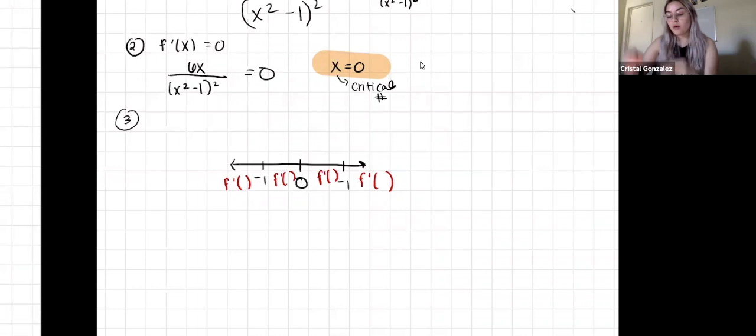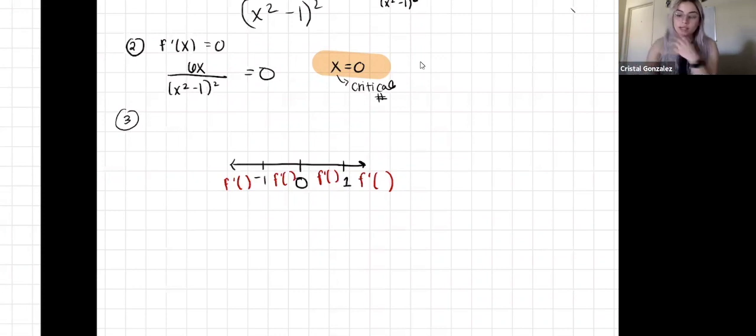So what I want to do is test a point before -1, between -1 and 0, 0 and positive 1. Sorry about that. This should be a positive 1. Zero and positive 1, and then right after 1.